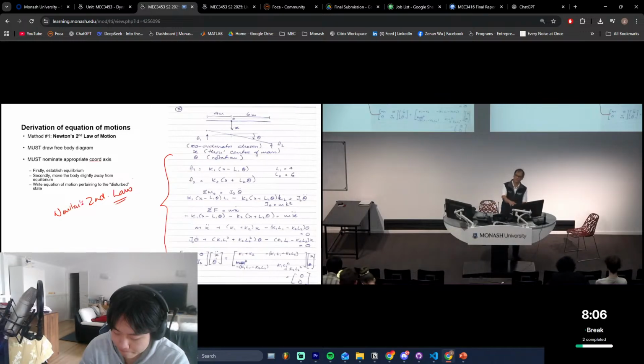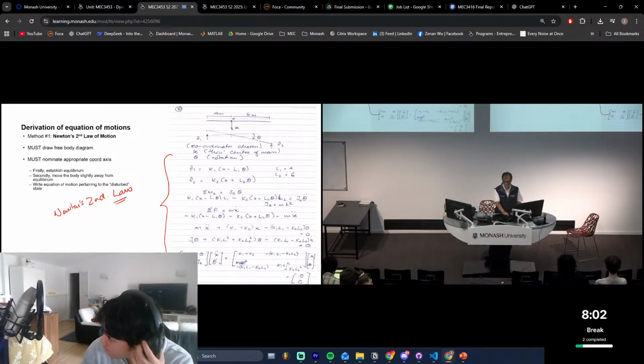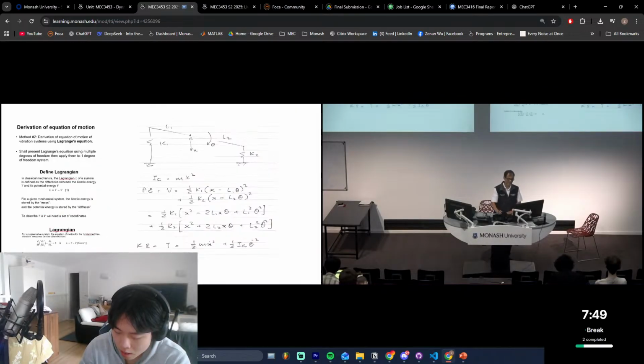I'll leave you to work it out yourself, and really, I don't like touching Newton's second law when it comes to vibration analysis because it just requires too much dependence on the correctness of your free body diagram. Okay, but here I have redone the equation of motion using Lagrange equation again.